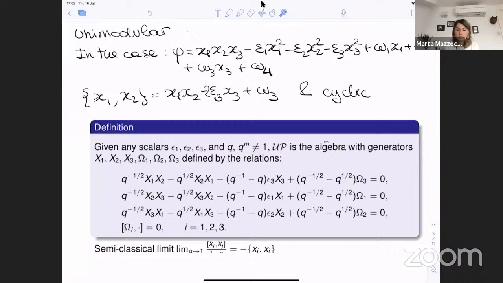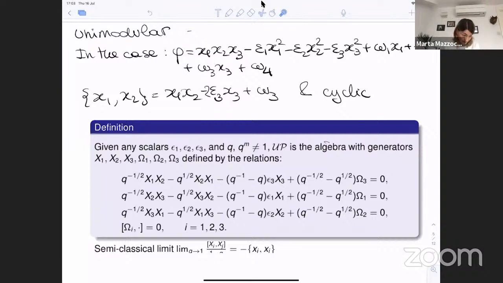So the name universal is because, as I said, omega 1, omega 2, and omega 3 are considered to be operators. So, for example, in the case when all the epsilons are equal to 1, this is the universal Zhedanov algebra, which was studied, for example, by Terwilliger. So that's why we call it universal, and Pandey because it encodes all the cases of the cubics which arise in the Pandey theory.